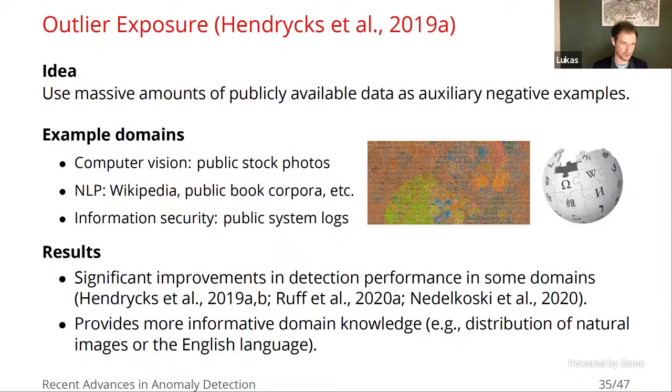So, about the distribution of natural images, for instance, or the English language in general. And this has been used exactly in these domains already and has seen some significant improvements.